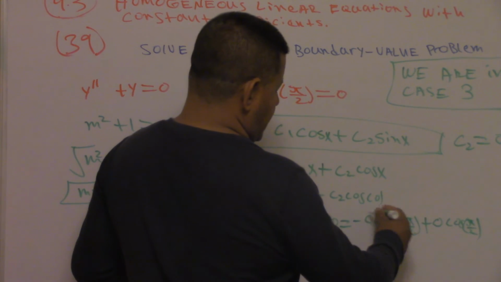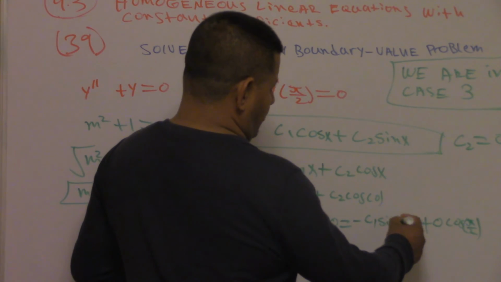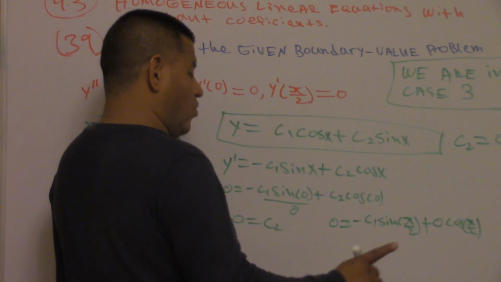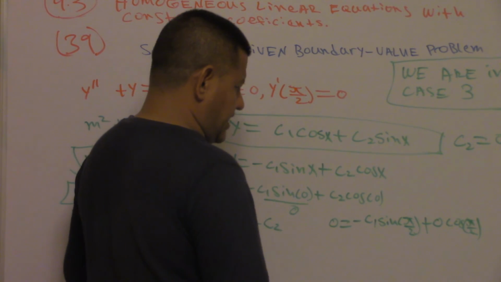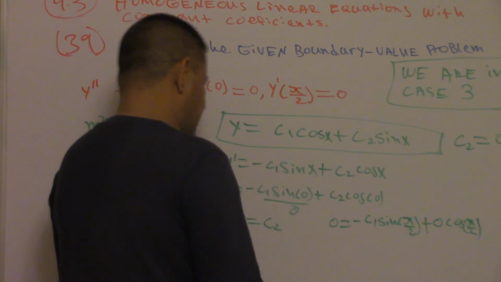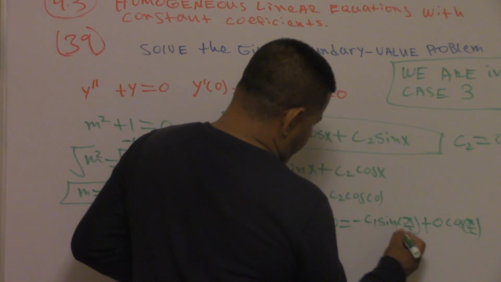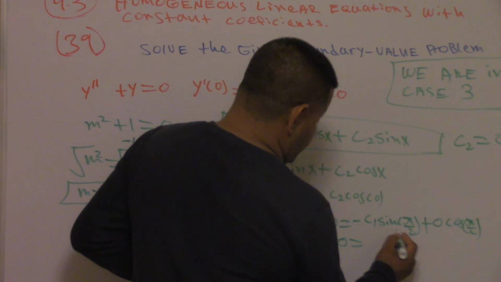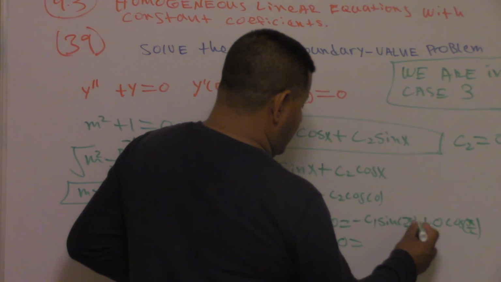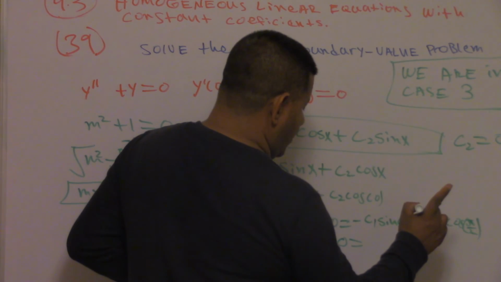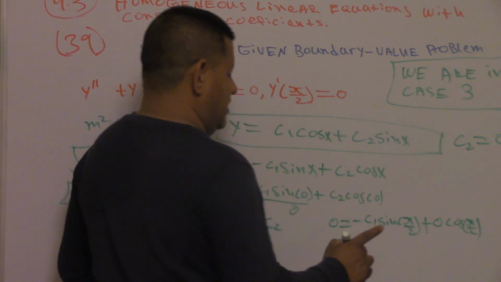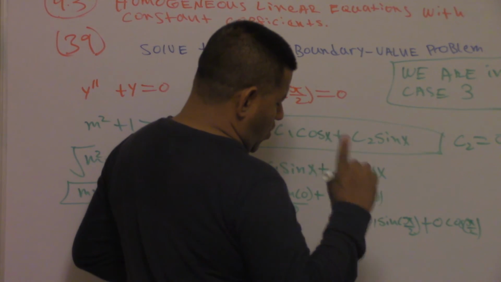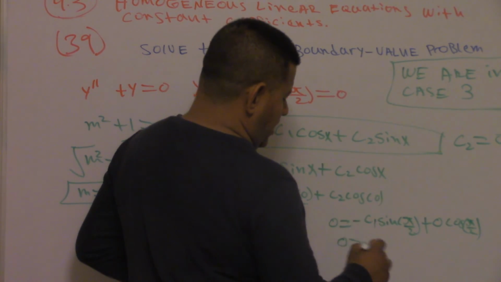And this right here, okay, sine of 1/2 pi is 1, right? Sine of 1/2 pi is 1, okay? But remember that I get 0 is equal to, if sine of 1/2 pi is 1, then what is c1?